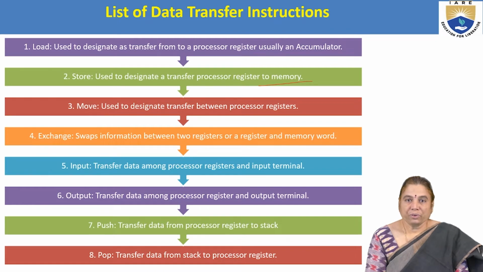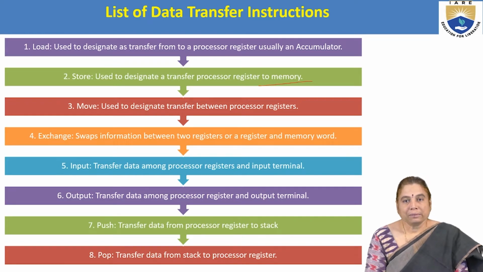Move is used to designate transfer between the processor registers. Exchange is used to swap the content of two registers. Input and output mnemonics can be used to activate input and output peripheral devices.